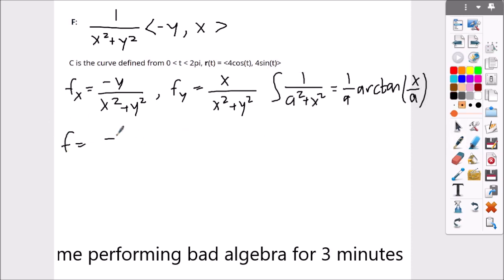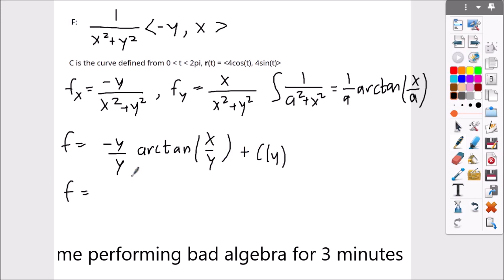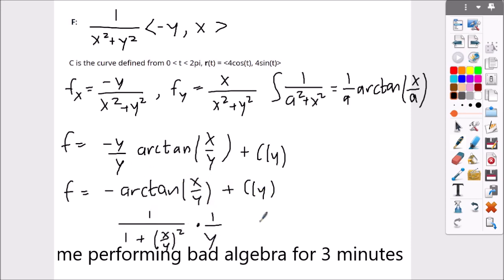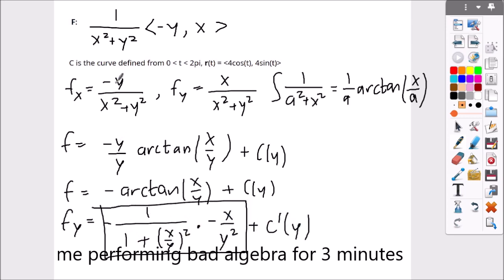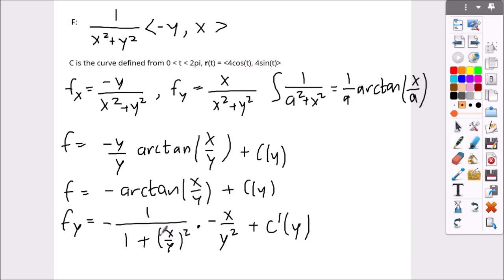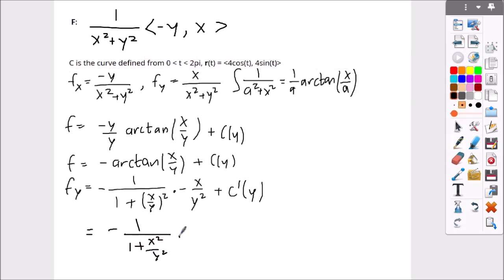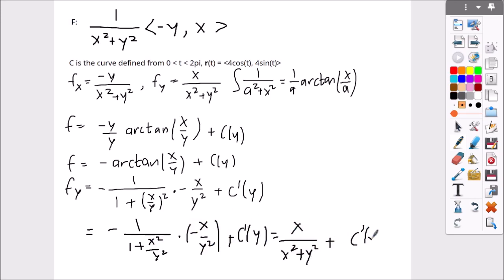So then you y. And c prime of y is what? C prime of y is nothing, so it just ends up being c.